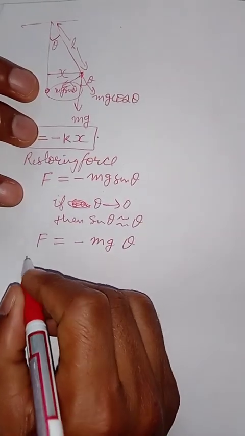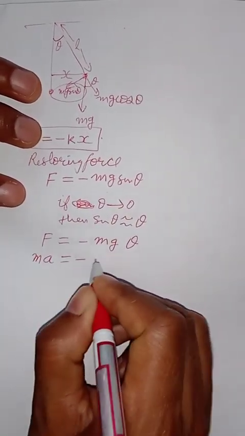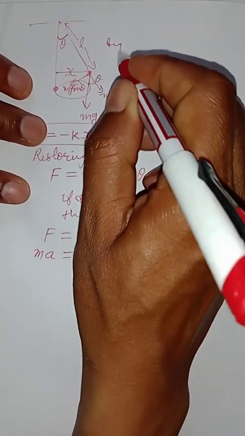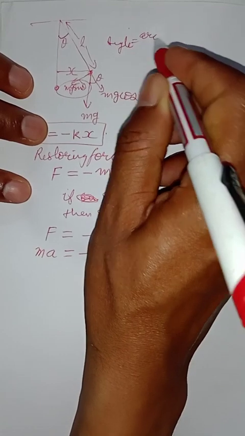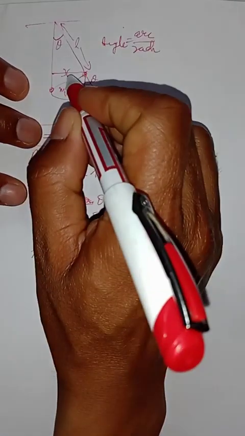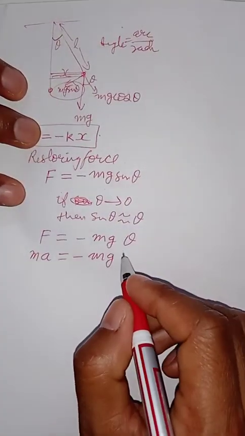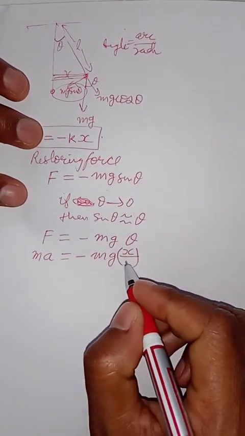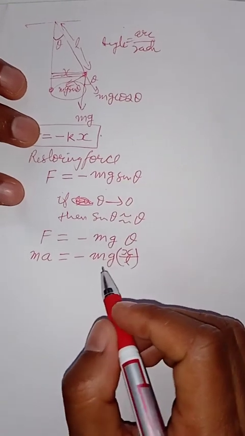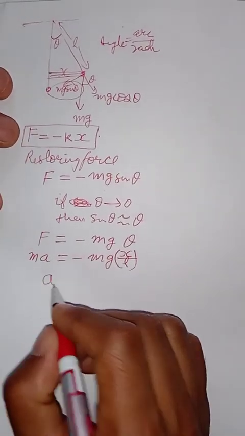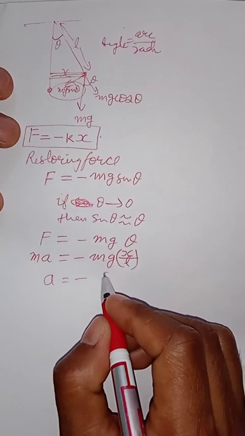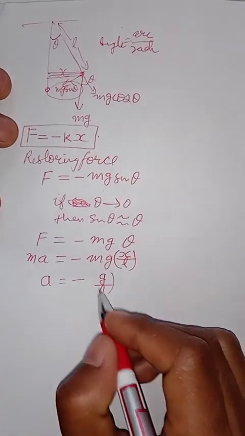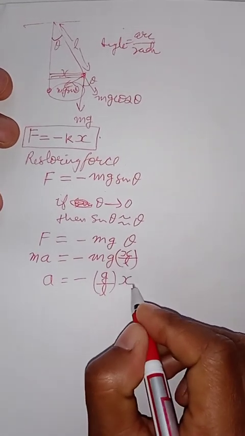So F equal to ma equal to minus mg theta. So angle equal to arc upon radius. So here arc is this x. For very small value we can consider it as x, and radius is L. So now we can say a equal to minus g upon L, as m has got cancelled, multiplied by x.